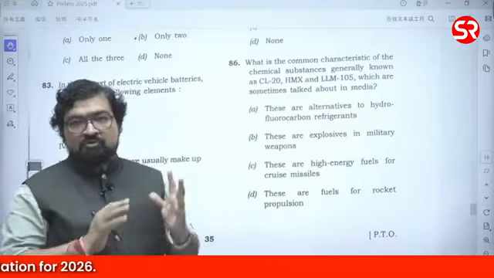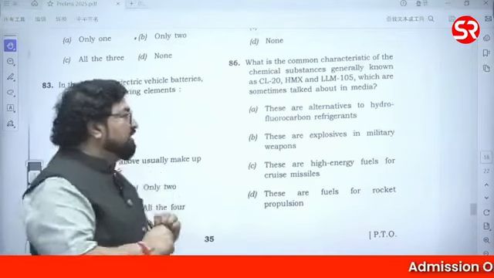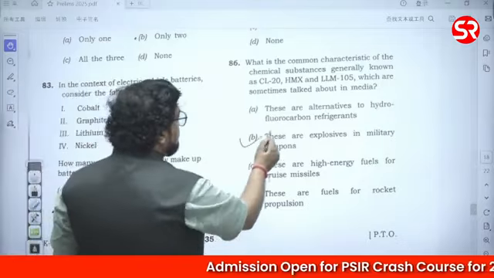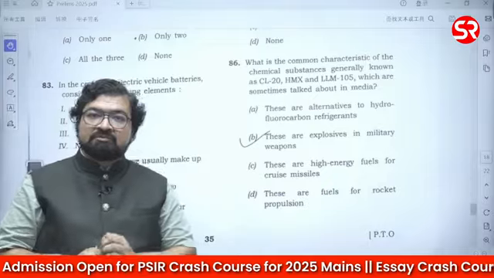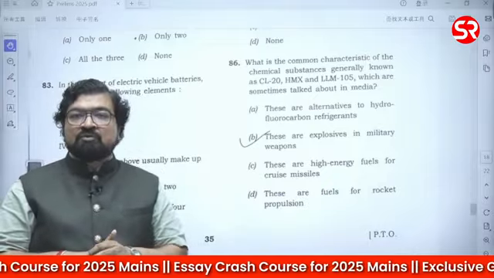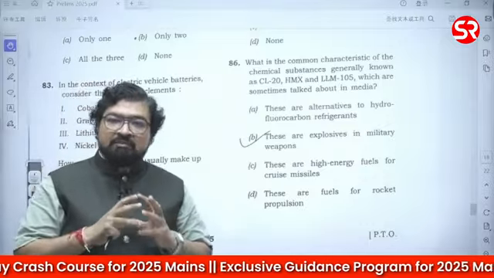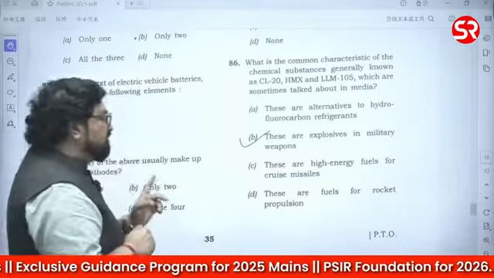If somebody has been following those news, daily current affairs, would be able to figure out. Here, it is basically used in explosives. These are explosives in military weapons. Recent time it was in the news. So from the defense point of view, these are the explosives which are used in military type of weapons and missile systems and all this.